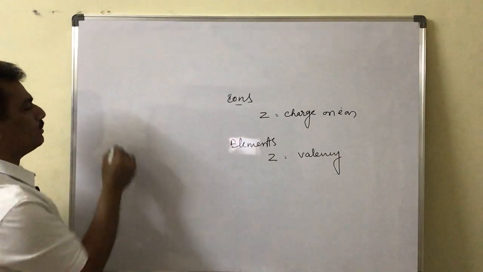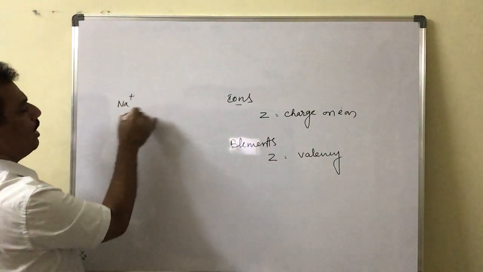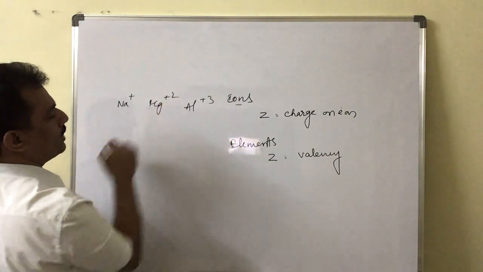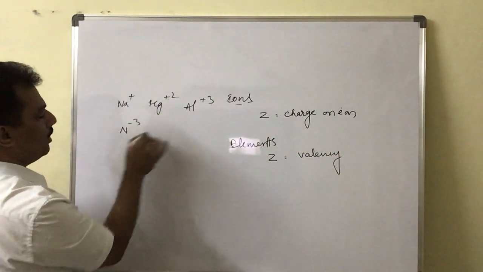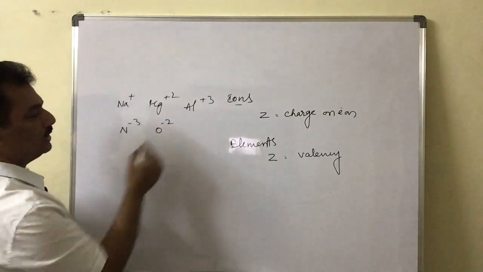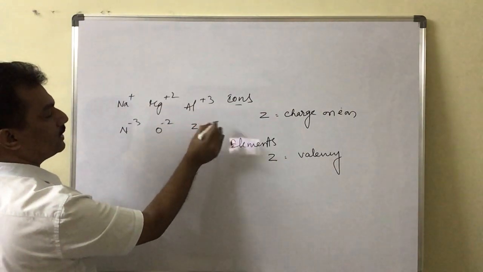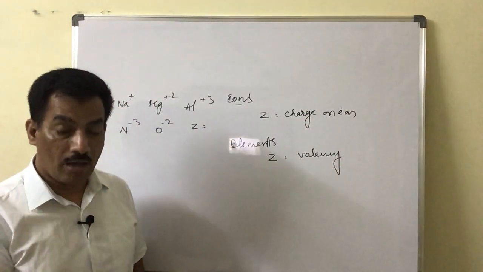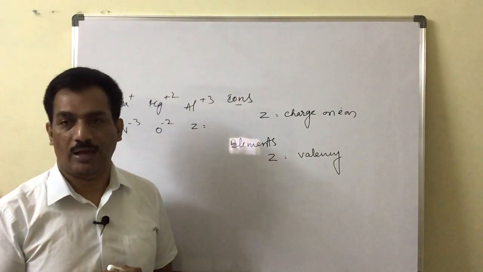In the case of monoatomic ions like Na+, Mg+2, Al+3, N-3 or O-2, the charge on the ion is nothing but the Z factor.